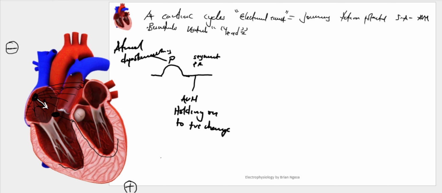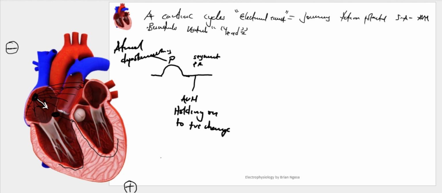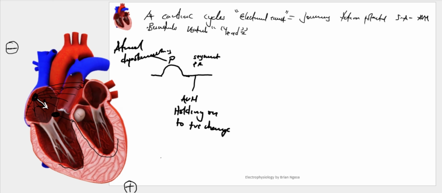After a period of time, around 0.8 seconds, the atrioventricular node will decide to release the signal, so that we have our wave of depolarization spreading. It normally spreads to the right and the left bundles. But before the ventricles are actually depolarized, the first area to be depolarized is normally the septum, the ventricular septum.